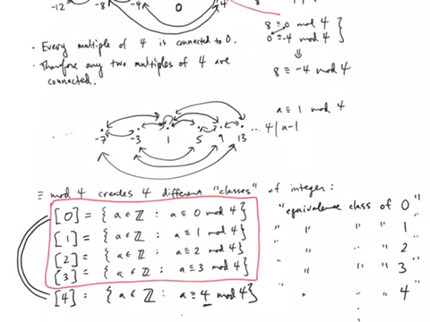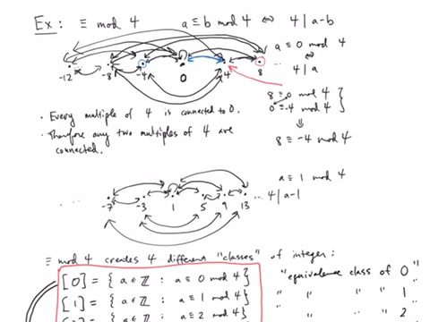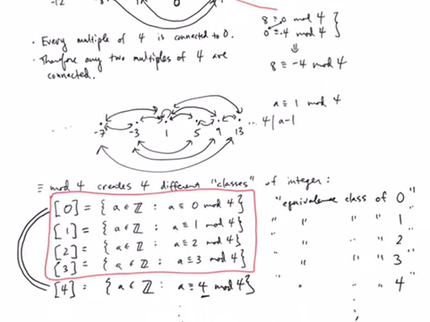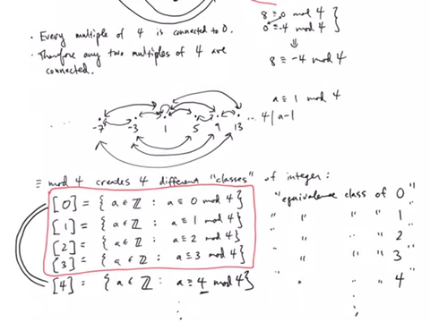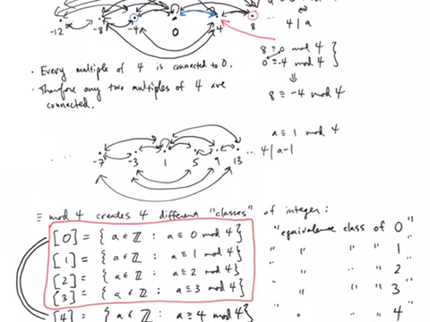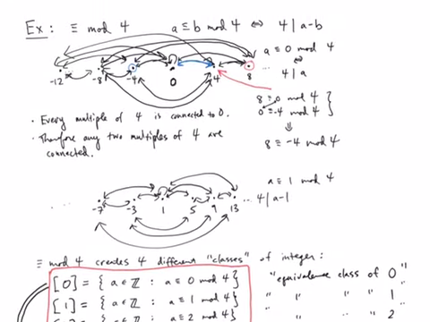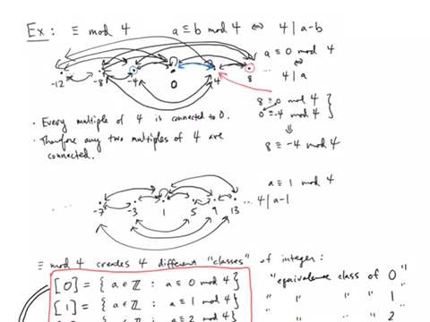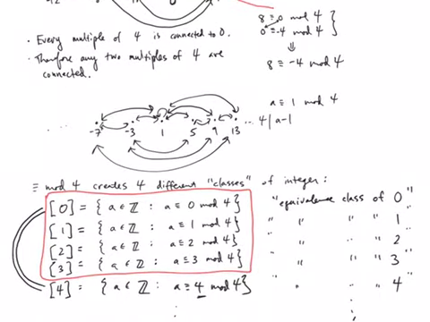The equivalence class of 1 was all the numbers which, when you subtract 1, gives you a multiple of 4. So there's no overlap between that and the multiples of 4. And the same thing with the equivalence class of 2. That would be all of the things which exceed a multiple of 4 by 2. So that's not going to have any overlap with the multiples of 4 or the equivalence class containing 1.